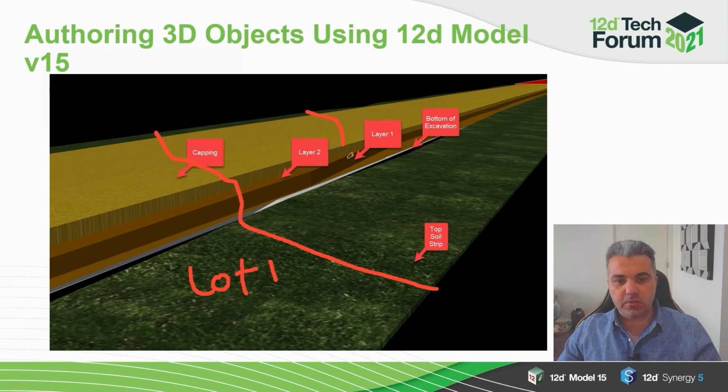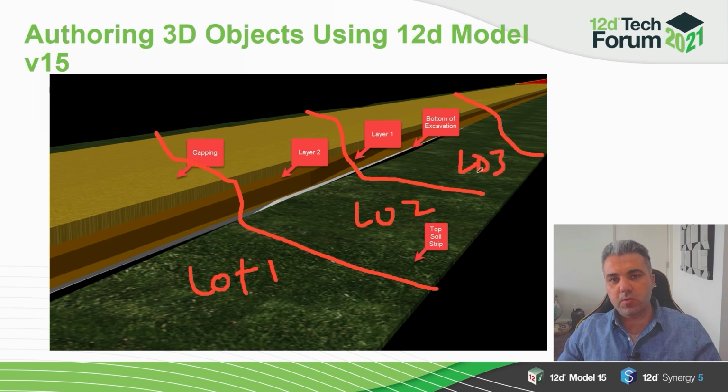For example here, lot 1, this is lot 2, and this is lot 3. That's why we use the lot boundary polygons to dissect these works as executed BIM, and that's the main reason. And this is how we link it to the tabular data. It has to be dissected into lots.